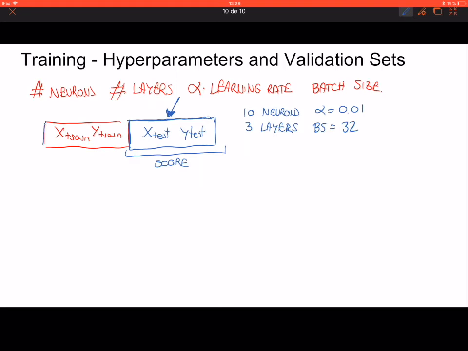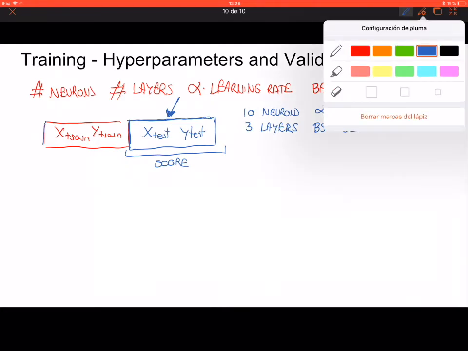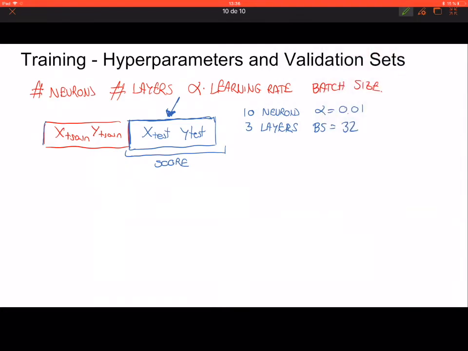So essentially what is done is we need to have another subset, which we call the validation set. So we need another subset of my data set, which is known as validation set. So now we're splitting the data set in 3 parts, in 3 partitions.